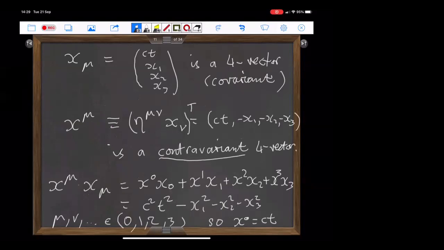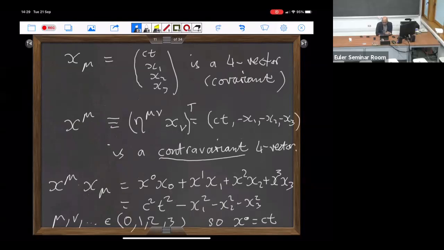And these vectors with the lower index are called covariant vectors, or covariant 4-vectors. x upper mu is what you get by taking the Minkowski metric and acting on x lower mu and taking the transpose.